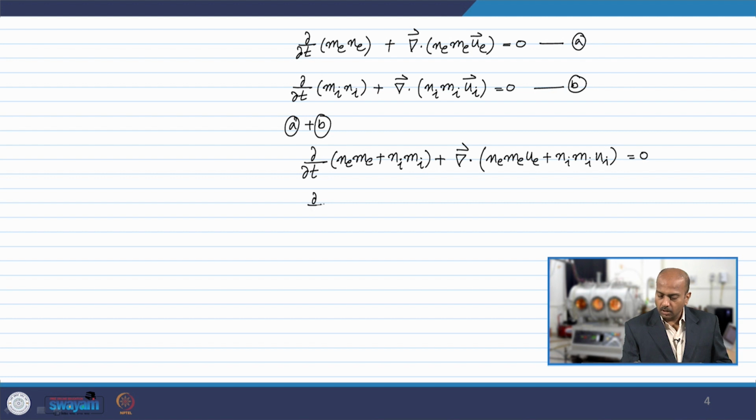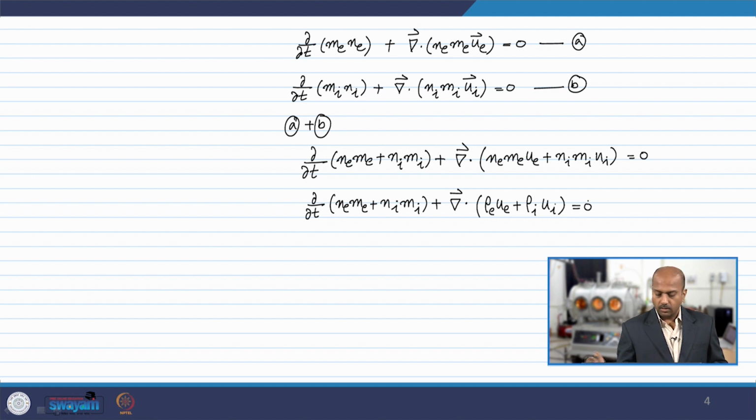Or using the parameters that we have defined earlier, the number of particles per unit volume multiplied by the mass becomes mass per unit volume, which is rho E UE plus rho I UI is equal to 0, right.